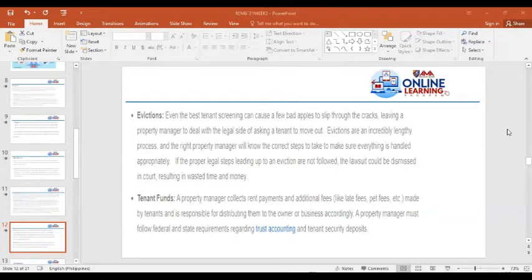Okay, so this is the hardest part. During the screening time, chine-check mo kung sino yung qualified or the best tenant na pwede mong makuha. Okay?